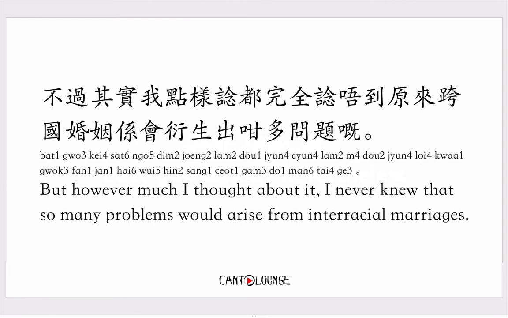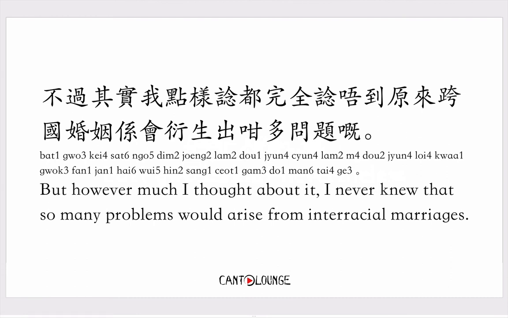不過, but, 其實, actually, 我點樣諗, however I think about it, 都完全諗唔到, I can completely not think that 原來, actually, 跨國婚姻, interracial marriage, 係會衍生出, will make, 咁多問題, so many problems come up, 衍生嘅. So yeah, you can just reference the English translation. 衍生 is a word I've considered a little difficult to translate for a while, but there we go.